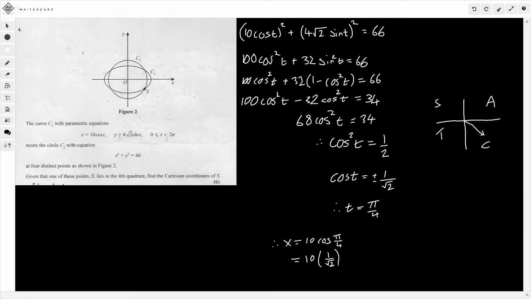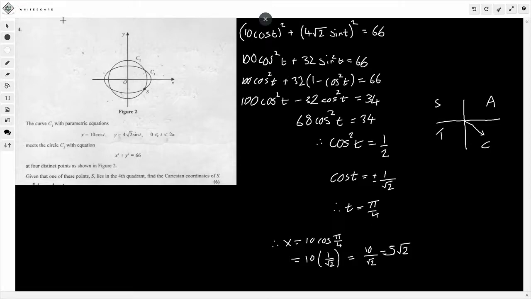That's 10 times 1 over root 2, which is going to give you 10 over root 2, which if we rationalise, that's going to be 10 lots of root 2 divided by 2, giving us 5 root 2. So that's 5 root 2.